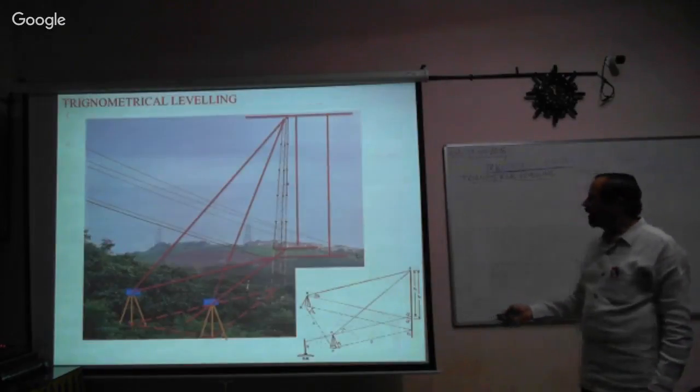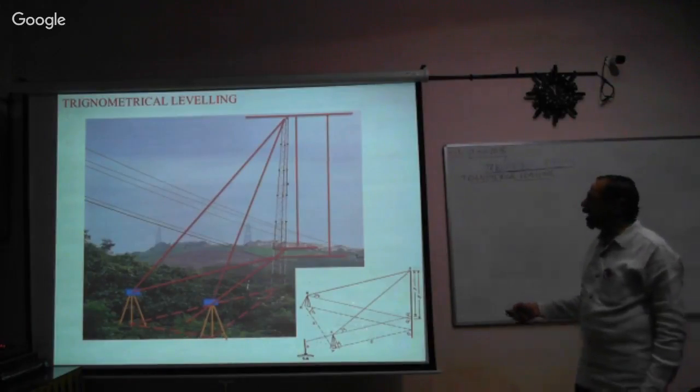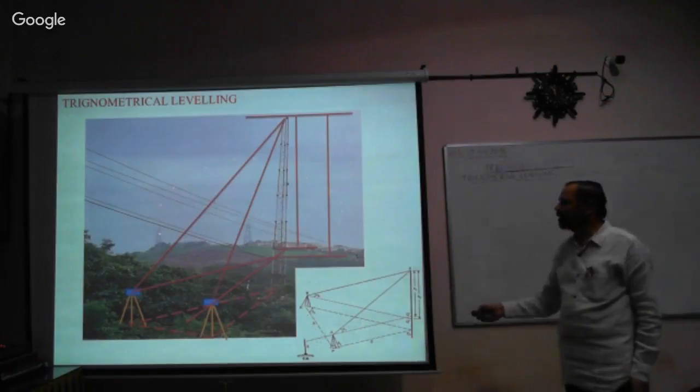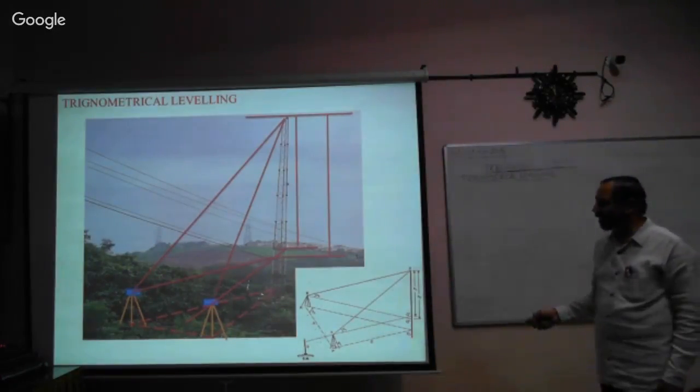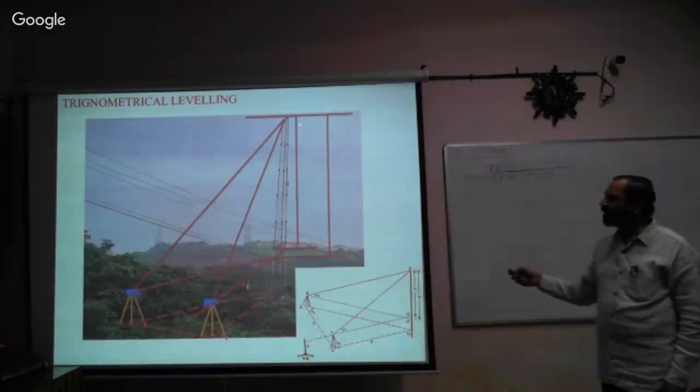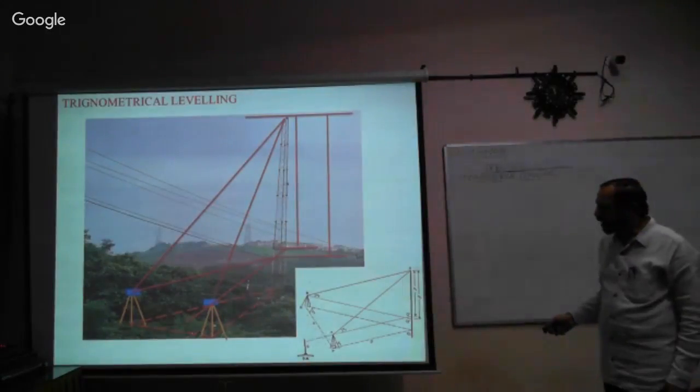Now see, this diagram is available in the textbook, and this is the practical situation. This forms the ground triangle with the first station, second station, and the elevated object. Now measure this horizontal angle and this horizontal angle: this is theta 1 and this is theta 2.